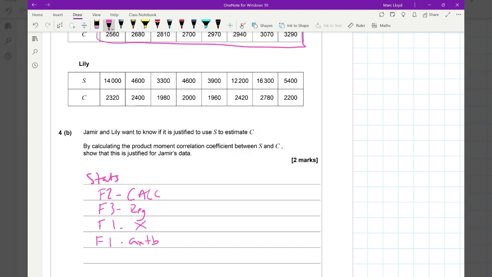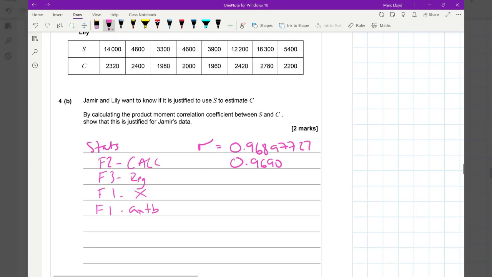So you get a value for A, a value for B, but the value we want is for R. And that regression value is 0.968977722, so 0.9690. And then we'd say it's very close to 1. So yes, it is justified. Okay, and we'd be happy with that.